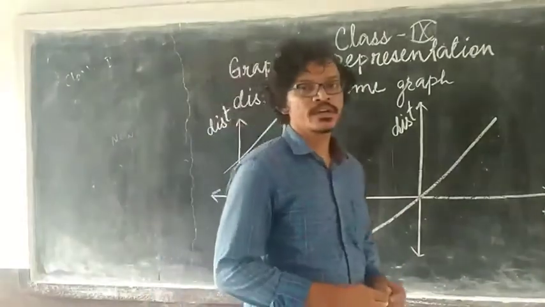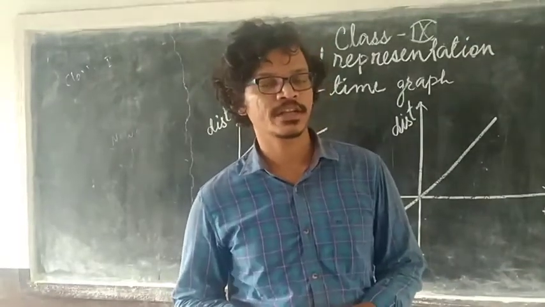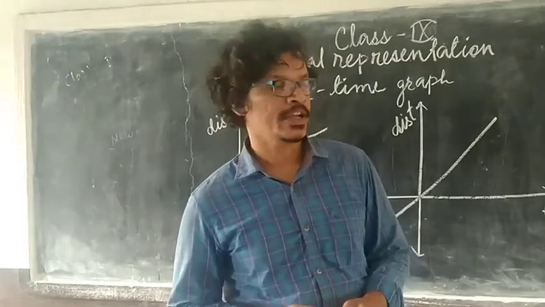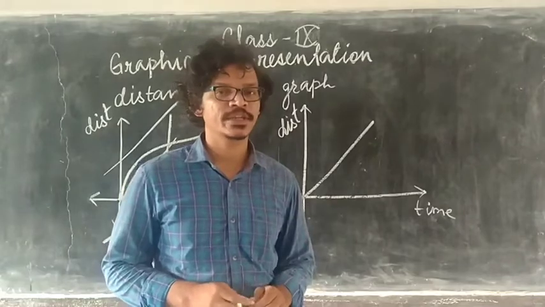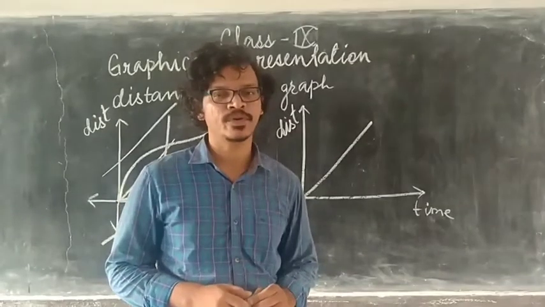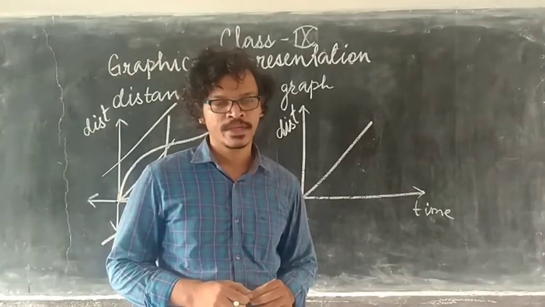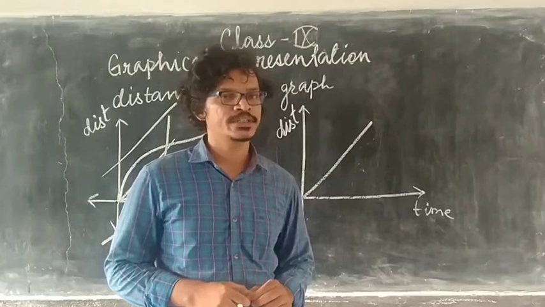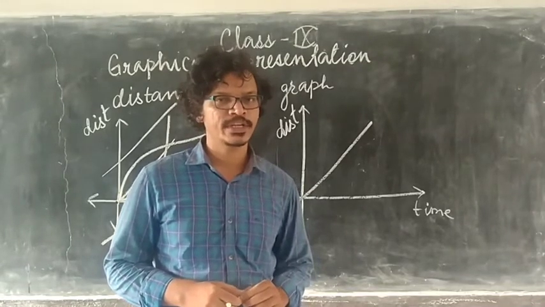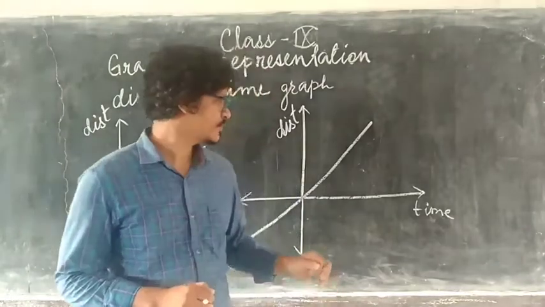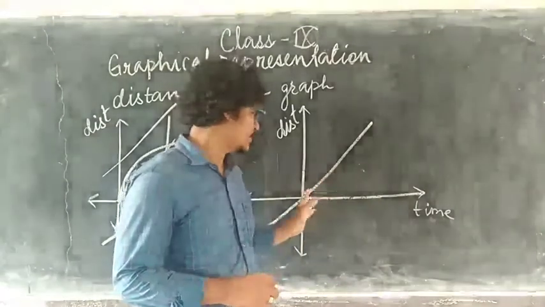If the distance time graph is a straight line passing through the origin, it means that the object is covering equal distance in equal intervals of time, or in other words, the object is in uniform motion. And when the graph passes through the origin, it means at time t equal to 0, the object is at the origin.